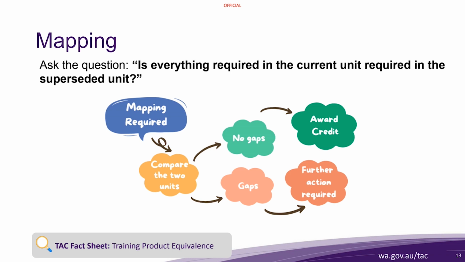What you basically need to do is go from the current unit and look for each component in the old unit. You're only really trying to establish: is everything required in the current unit required? Under those circumstances, you can mark with highlighter or pencil anything that is not in the old unit, so that you end up with your printed version of the current unit having highlighted each of the bits that are missing from the old unit.